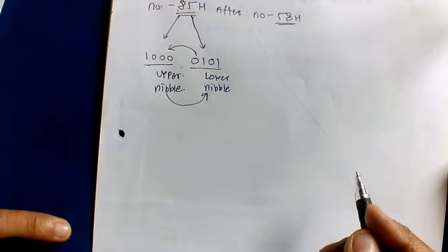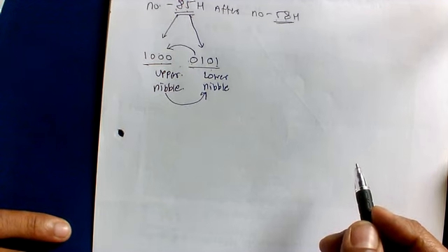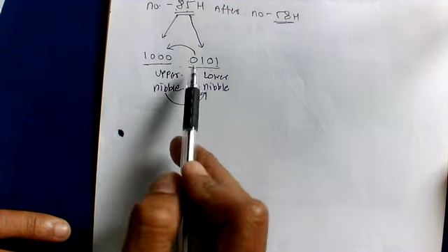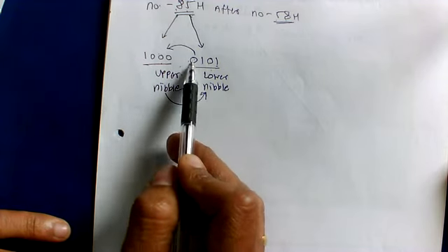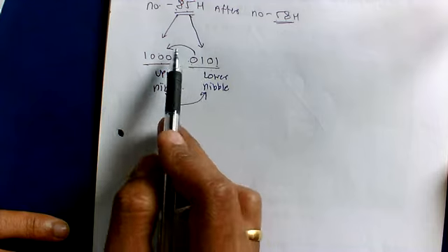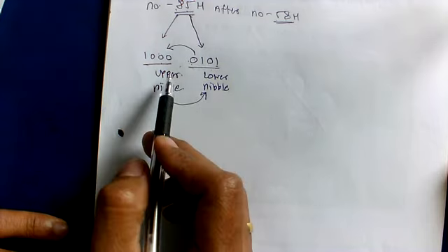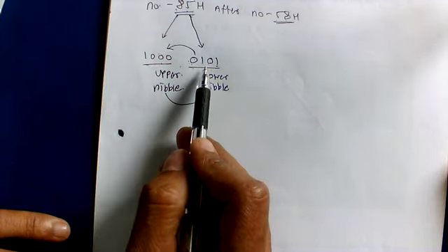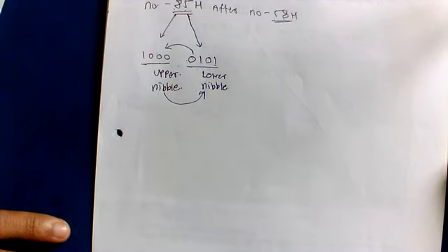That's why it is required to execute rotate left instruction 4 times to shift all these 4 bits one by one to the upper nibble, and also the upper nibble bits to the lower location.